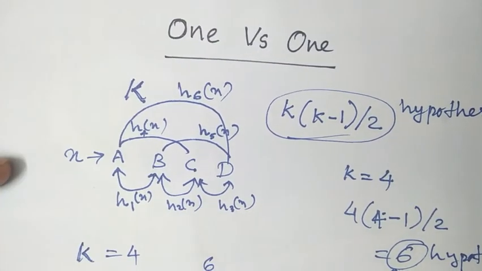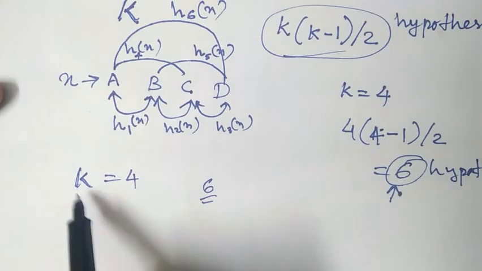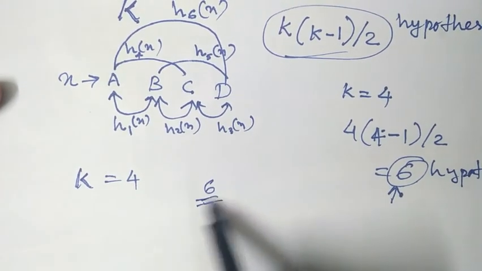That is, if k is equal to 4, we have to consider 6 classifiers.